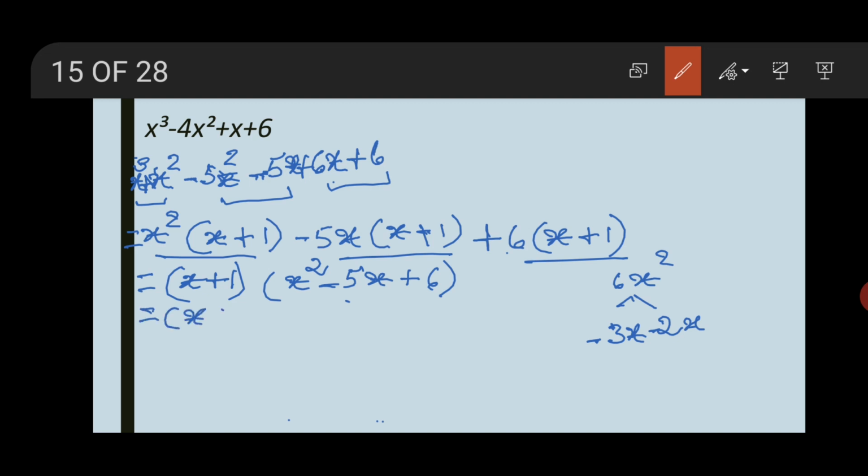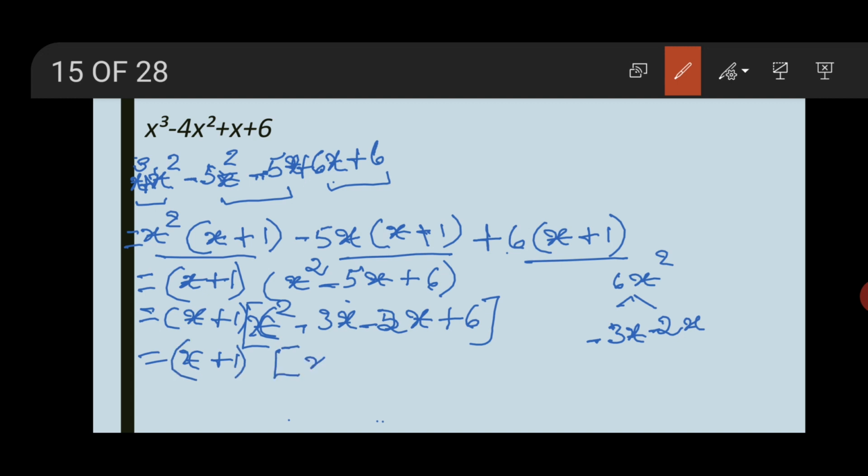Now write x plus 1 as it is. Here x square, I will write x square minus 3x, split minus 5x into minus 3x minus 2x plus 6. Here take common factor outside. x is common, take outside. x minus 3, right, here also x minus 3.